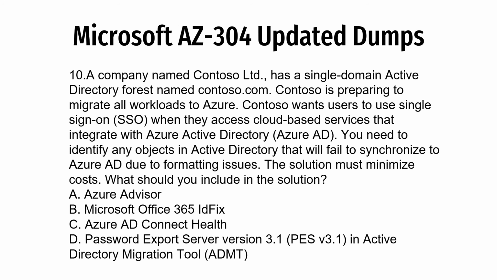The solution must minimize costs. What should you include in the solution? A. Azure Advisor. B. Microsoft Office 365 IdFix. C. Azure AD Connect Health. D. Password Export Server version 3.1 in the Active Directory Migration Tool, ADMT.